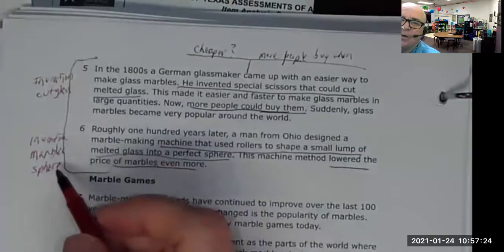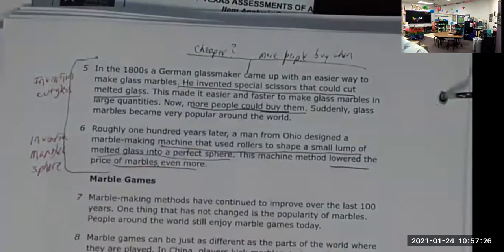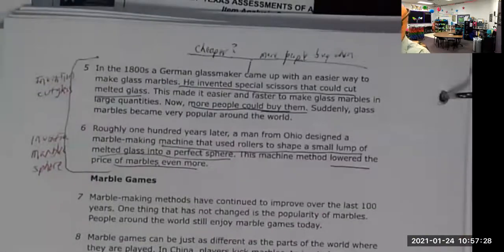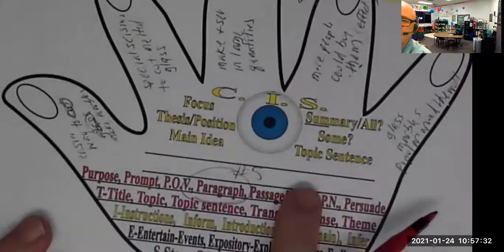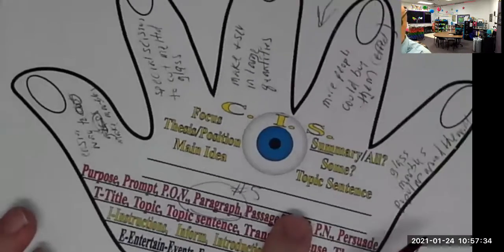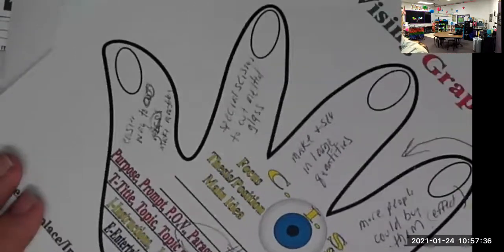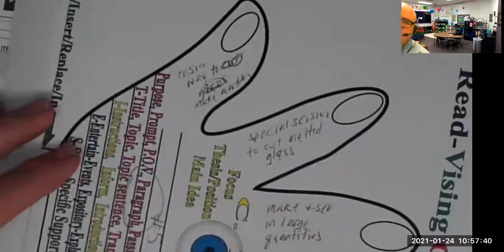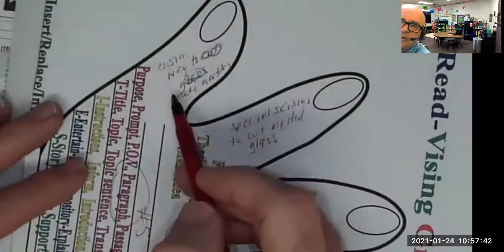Sphere is like a globe, like a ball. So let's look and see what I did. I used my graphic organizer just for paragraph 5, so we can say, how is paragraph 5 going to make things cheaper? Because I'm gonna have to infer something here.